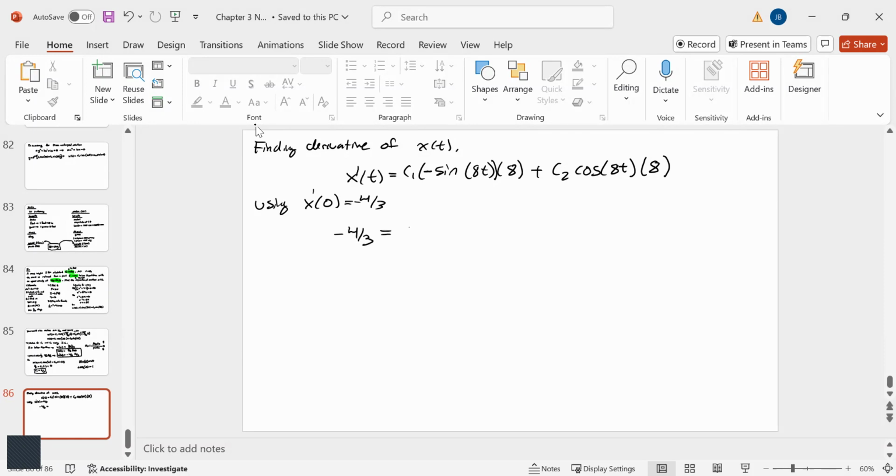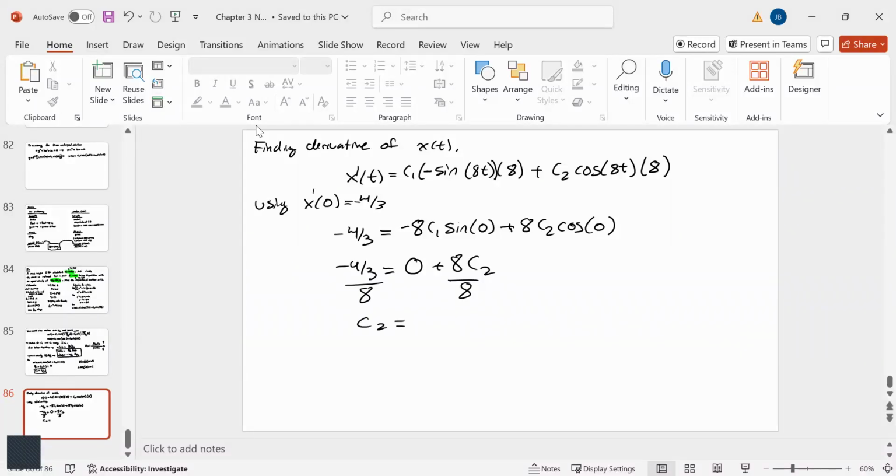And then using x prime of 0 equal to -4/3, -4/3 is equal to -8C1 sine of 0 plus 8C2 cosine of 0. So -4/3 is equal to 0 plus 8C2. And so we're going to divide both sides by 8. And so C2 is equal to -1/6.